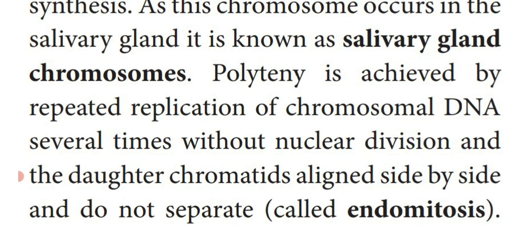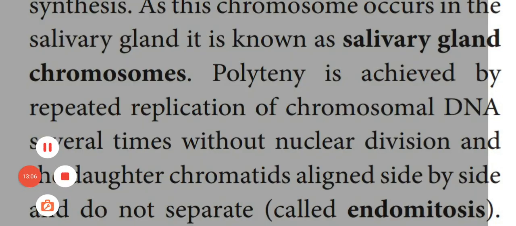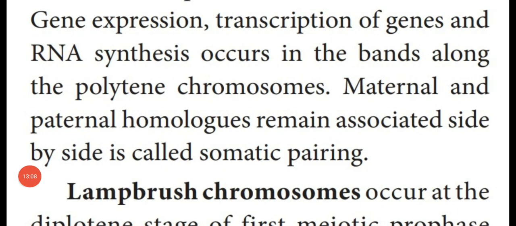So without nuclear division, the newly formed daughter chromosomes are lined side by side and do not separate. That is known as endomitosis. These polytene chromosomes are responsible for gene expression, transcription of genes, and RNA synthesis occurs in the dark bands along the polytene chromosome.